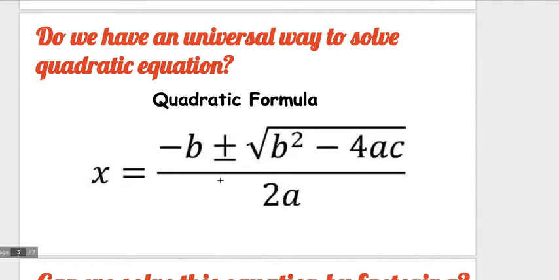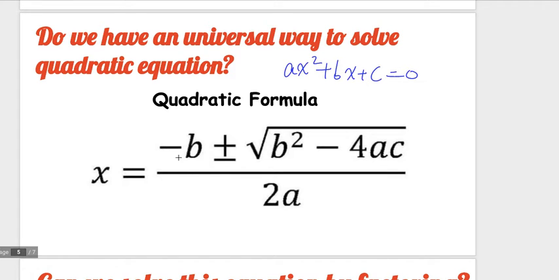In the quadratic formula, as you can see, we indicate three numbers, a, b, c. It comes from an equation like this: the number in front of x squared is a, the coefficient of x is b, and the constant term is c, equal to 0. Then x must be this value.